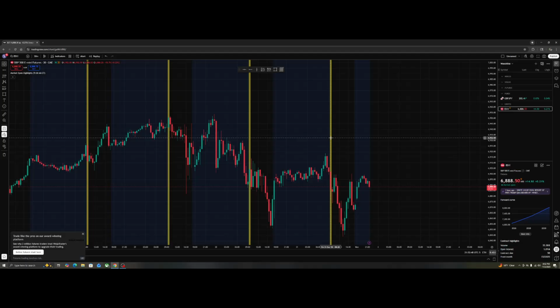So first of all, a liquidity sweep happens when price moves into areas where a lot of traders have placed stop loss orders. These are just above recent highs and below recent lows. Big players like banks or hedge funds. If you don't know what that is, then I don't know, don't even trade. I'm joking.